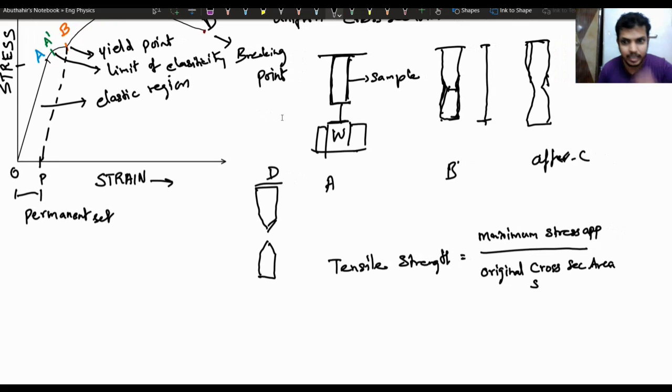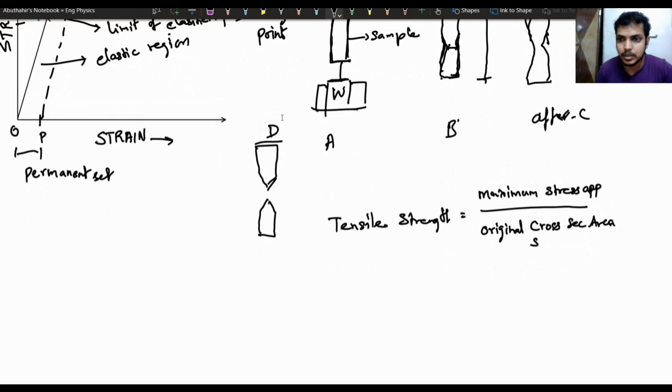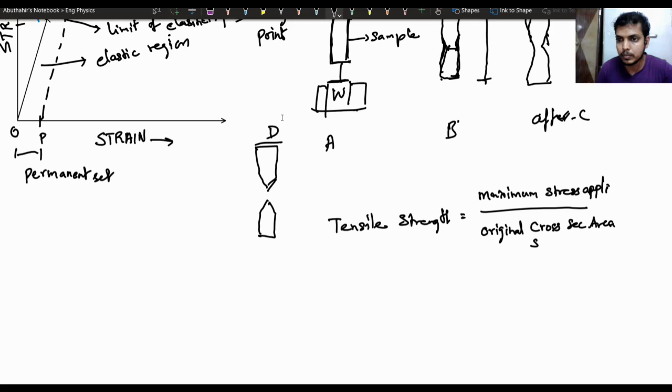So this is actually tensile strength. The maximum stress applied on it, divided by the original cross sectional area.